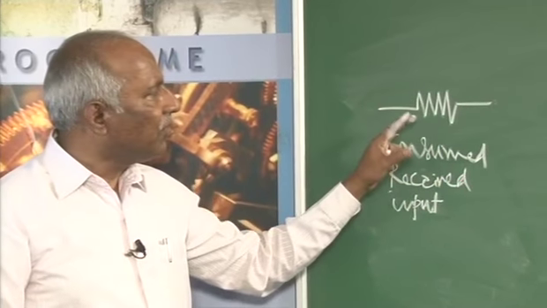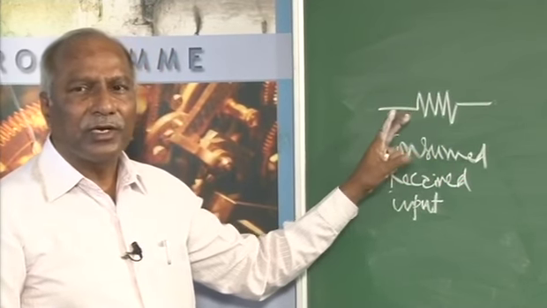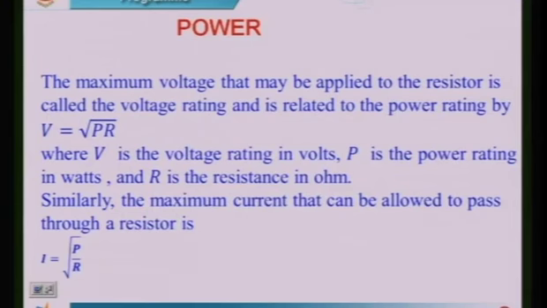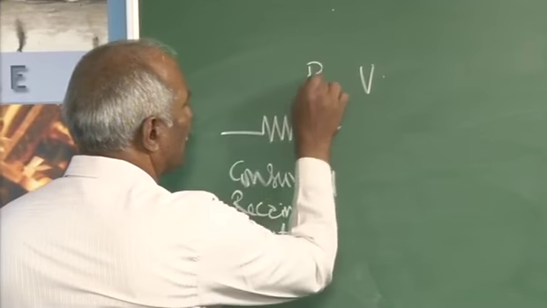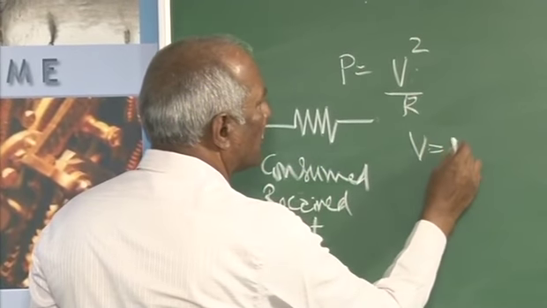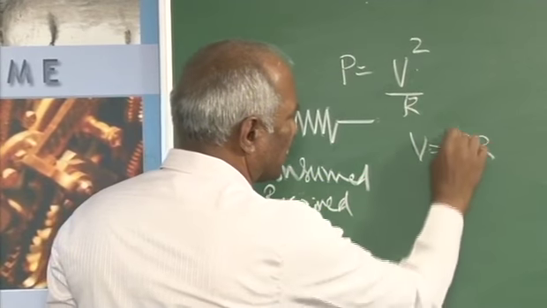Every resistor will have its own power rating, or the maximum power that it can withstand. The maximum voltage that may be applied to the resistor is calculated from this expression. Power is equal to V square by R, therefore the maximum voltage that can be applied will be equal to this.